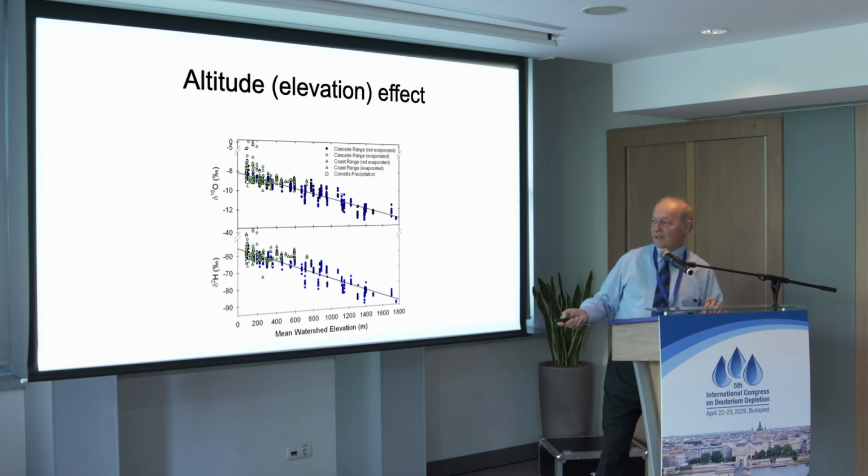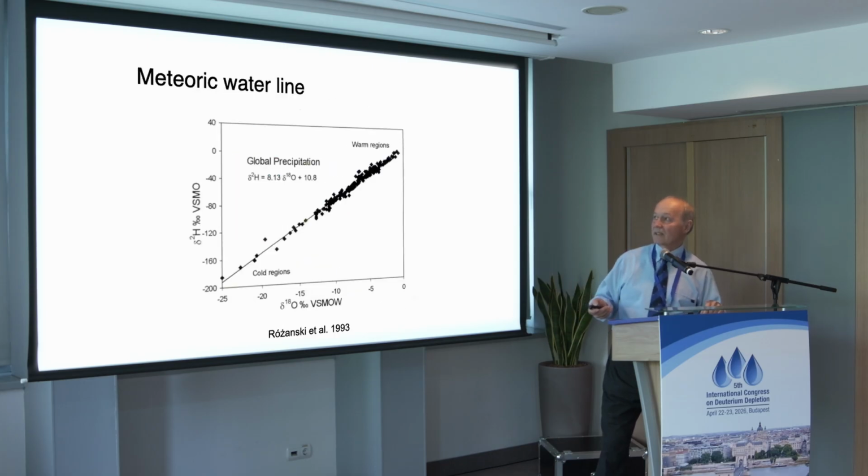This diagram shows that the highest deuterium content is close to the sea surface, and as we get to higher and higher elevation, the deuterium content is lower and lower. So this is the elevation effect.